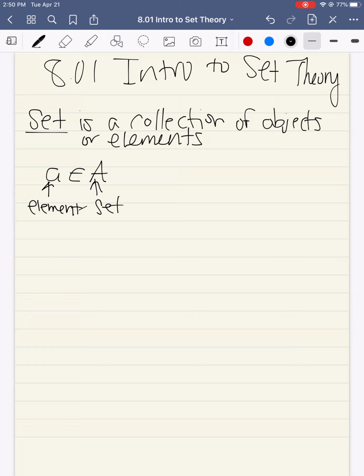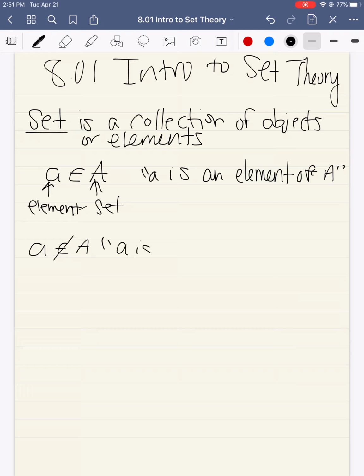So this phrase here, a with this curvy E, means a is an element of, or a member of, set A. If I want to say something does not belong to a set, then similar to inequality, we can put a slash through it, and we can say a is not an element of A.